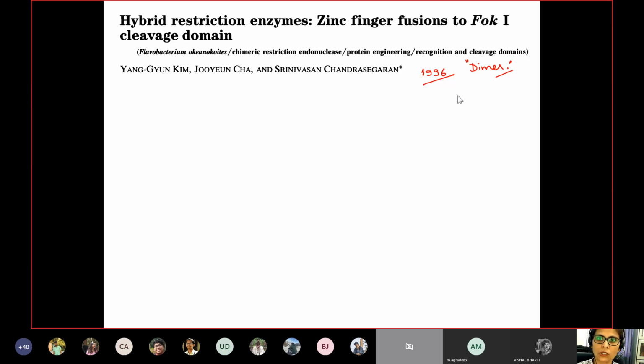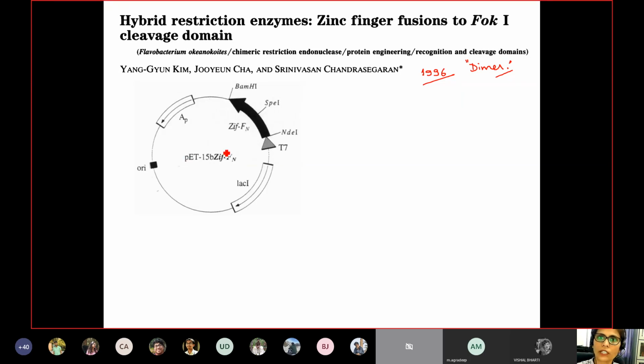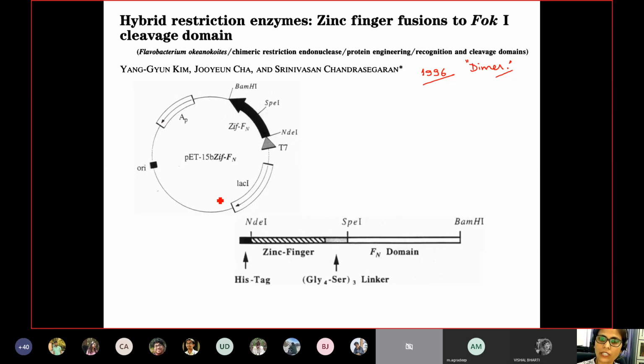Chandrasekharan's group used the zinc finger domain attached to FOK nuclease within the pET15b vector, and the cloning strategy is shown here, where they have a His tag at the N terminus, then the zinc finger domain, then a linker of 15 amino acids, then the placement of 196 amino acids of nuclease. So this was their strategy.